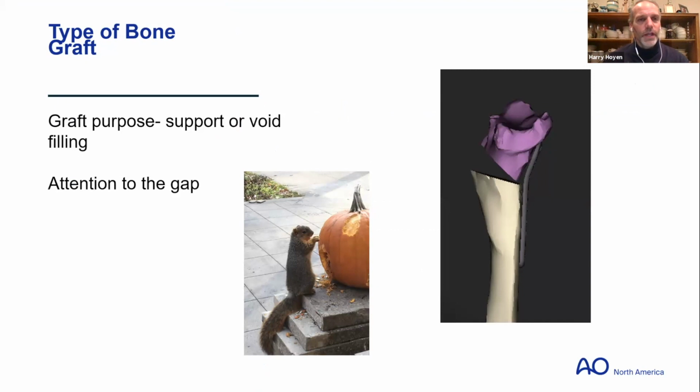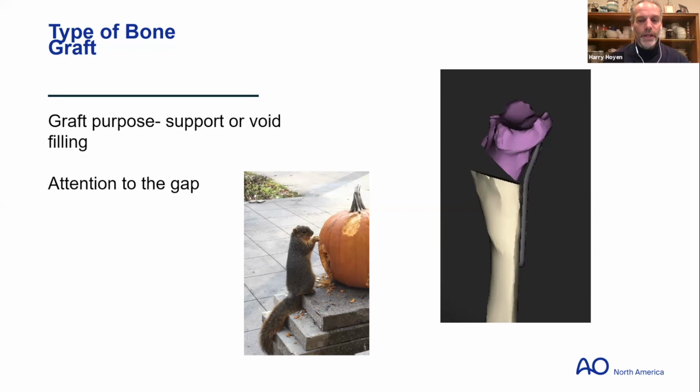Part of the type of bone graft is also paying attention to the gap. If one of the cortices is still maintained and not gapped or further hinged, as you can see here on this computer program, the plate is a little bit off of the distal segment and there's a big gap, that's going to require structural support.